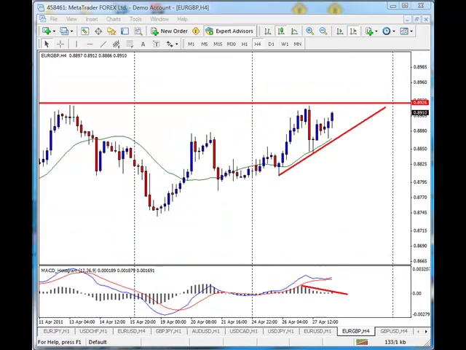But let's look at the 4 hour. On the 4 hour, we'll be watching our line to top here. If we get a close on the 4 hour above here, we can look at the long, and if we get a close below this line here, we're going to look for a short trade, and there's a supply point there and there and there.